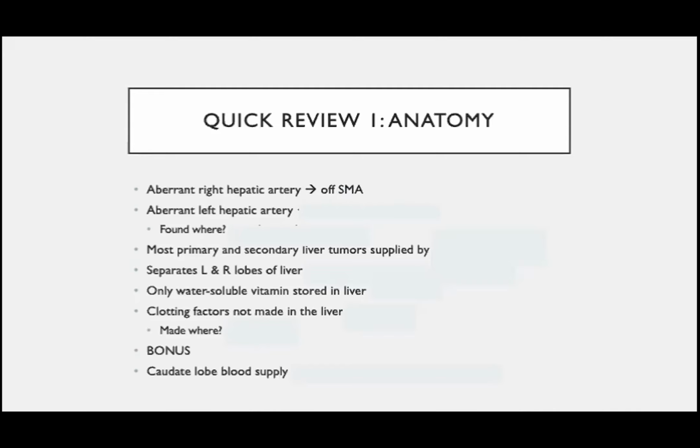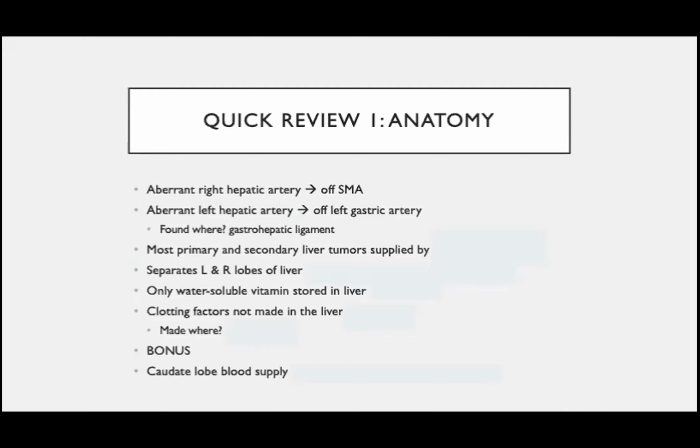Love it. Do you want to do the first half of this, and we'll switch to Surgeonc for the last 4? So origin of left hepatic artery. Left gastric. Yes. Found where? Just lateral to the common bile duct. In the gastrohepatic ligament.